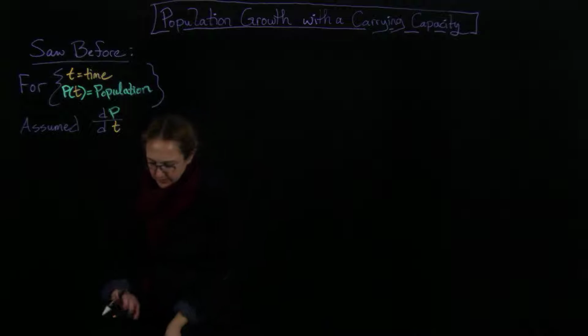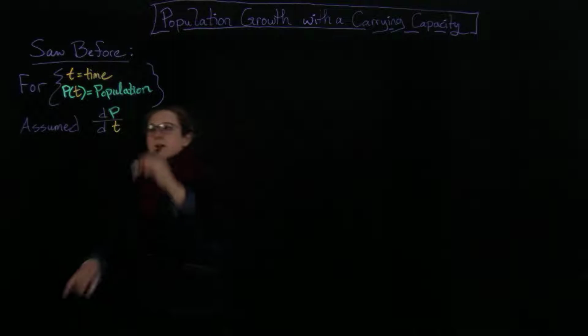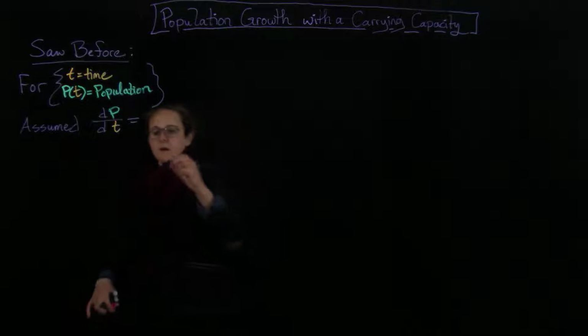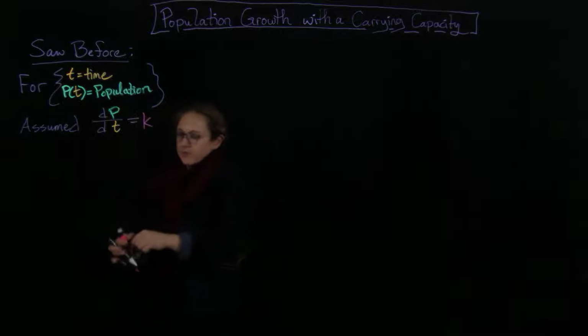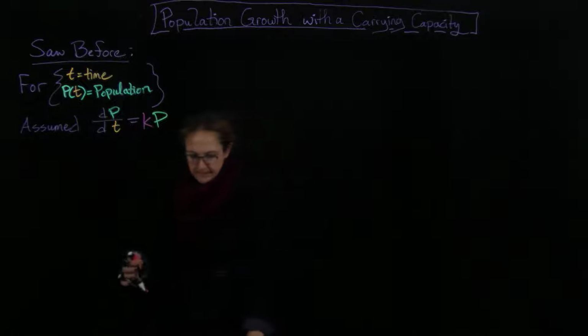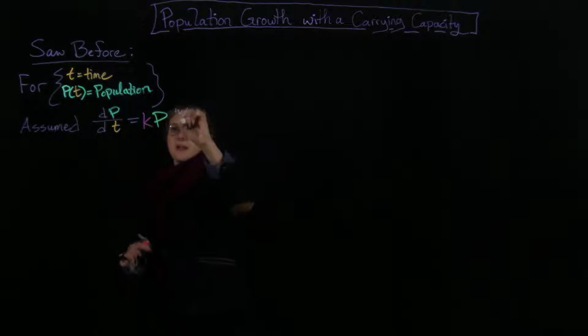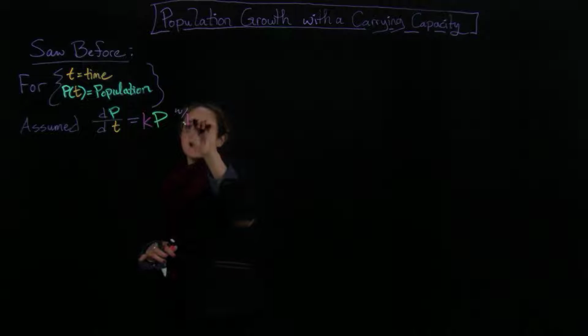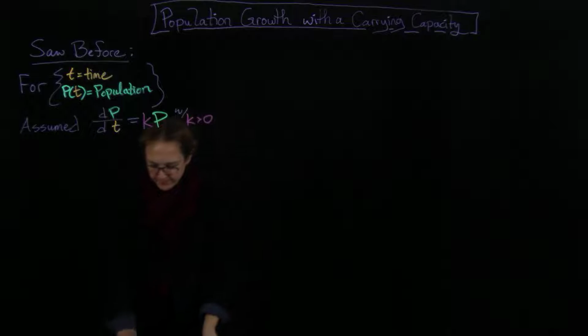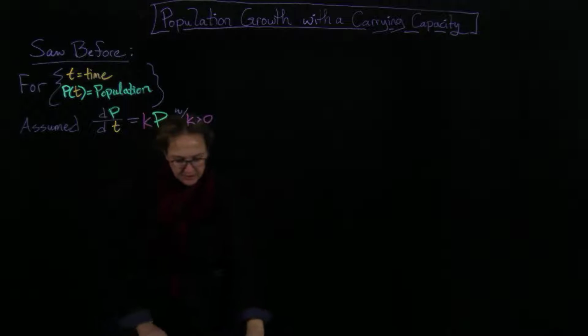This was equal to some proportionality constant, which gave our growth rate. So this was k times the population at that particular time, with k greater than 0, or we would have been looking at a decay situation. We assumed this situation, and then the population grew exponentially.